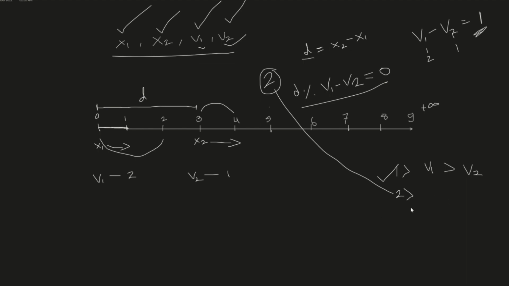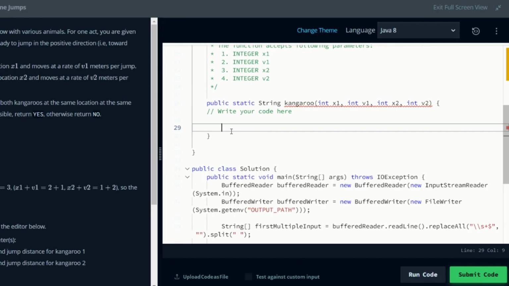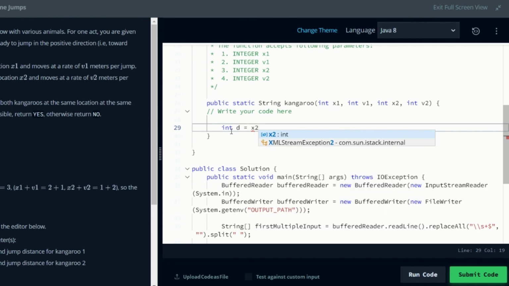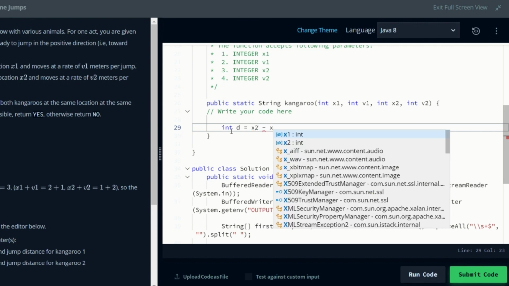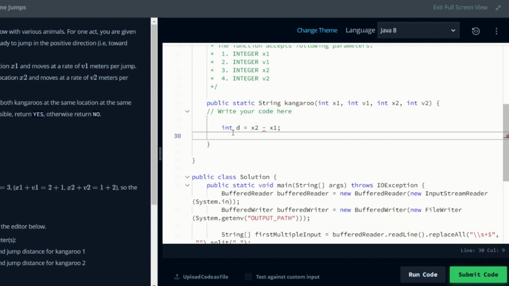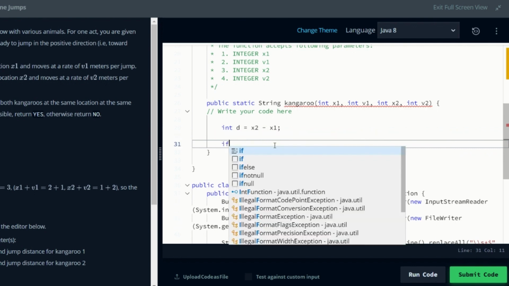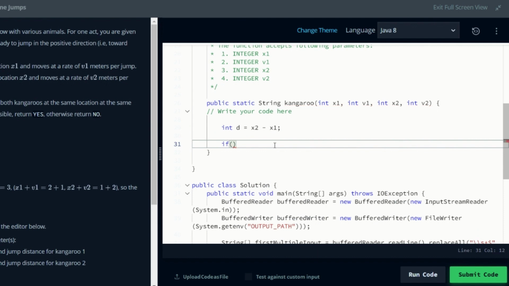Now we'll go for the coding part, right? First I will calculate d. I will take d as an integer. Since x2 is greater than x1, this is the difference between the two kangaroos at the starting position. Now I will create an if condition: if v1 is greater than v2, it is only possible for the first kangaroo to catch the second kangaroo if this condition is true.